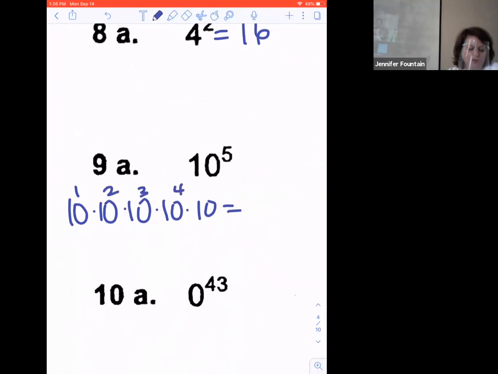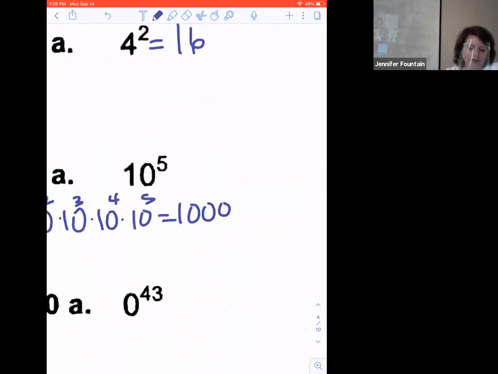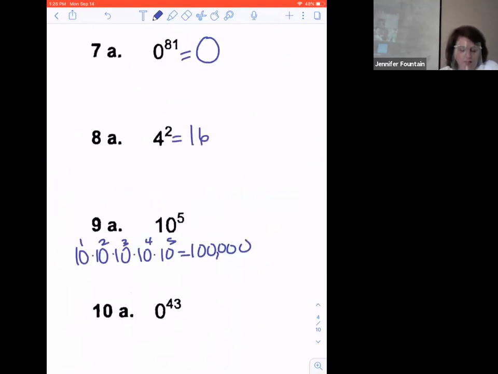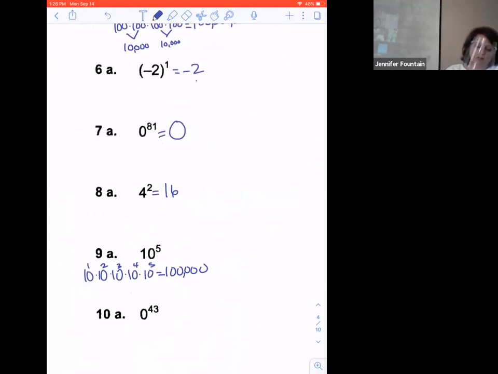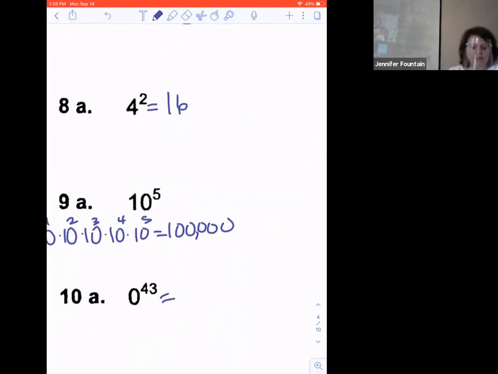So we've got 1, 2, 3, 4, 5 zeros. So I have my 1 and 1, 2, 3, 4, 5 zeros. Put my comma, so it's going to be 100,000. They like the 0 to the whatever power. 0 to the 43rd power equals 0.